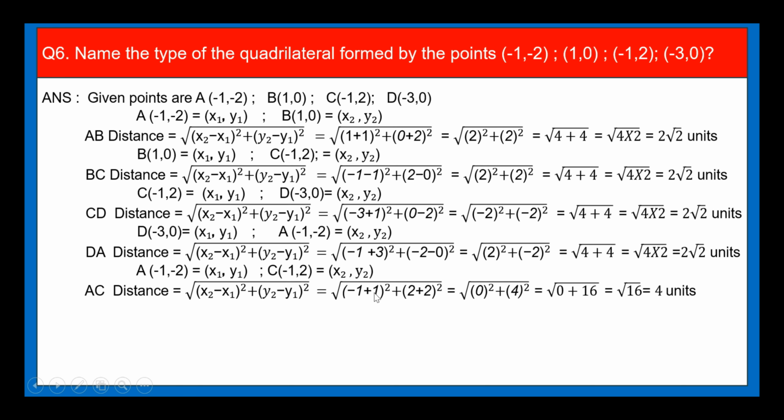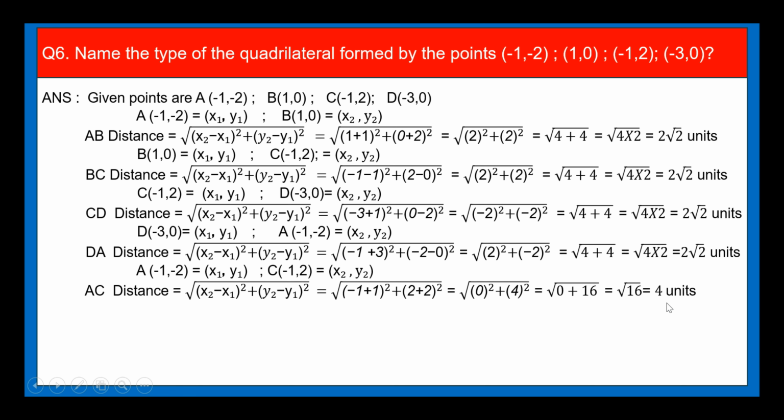Minus 1 plus 1 is 0 whole square, 2 plus 2 is 4 squared. 0 squared is 0, 4 fours are 16, 0 plus 16 is root over 16, and the square root of 16 is equal to 4 units.